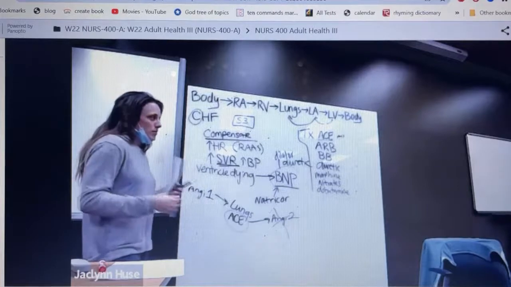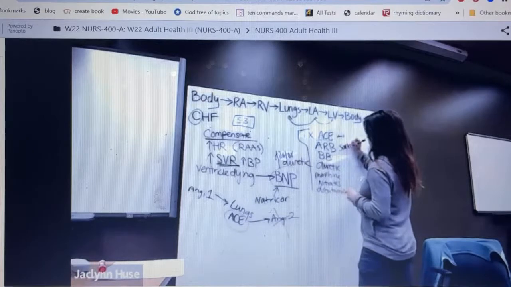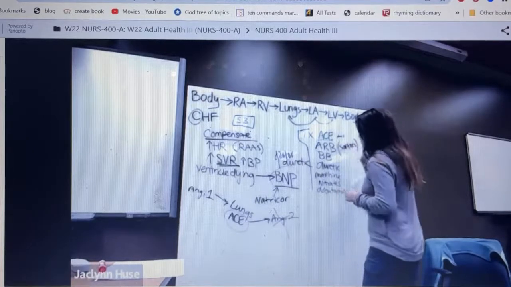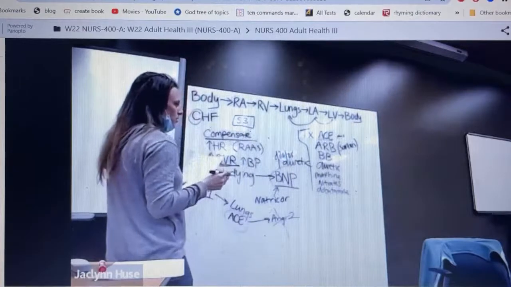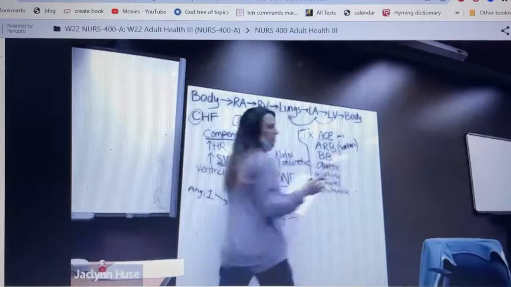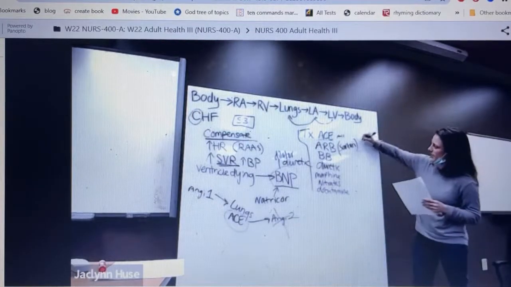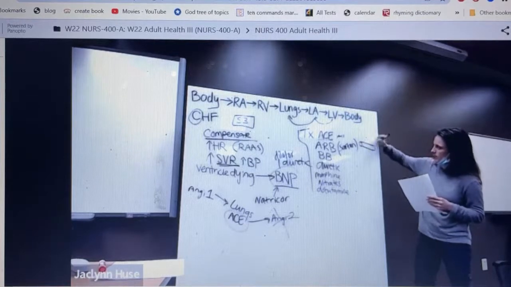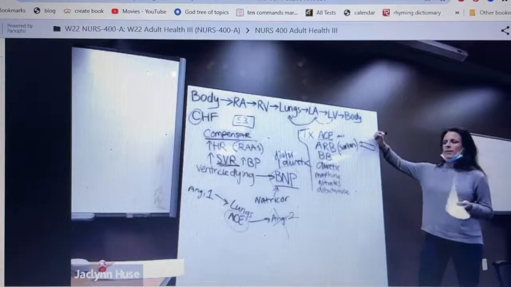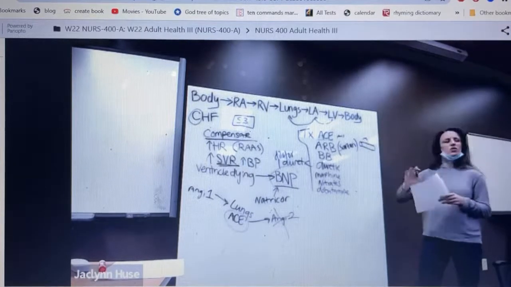All right, ARBs, the sartans. What do we know about these? They're just going to block the receptor sites of the angiotensin. The sartans act on the blood vessels. There are receptors on them that can make them constrict or dilate, so they act directly on these and cause them to soften.